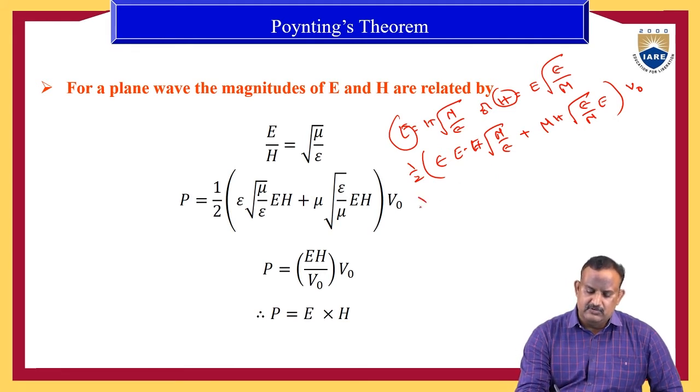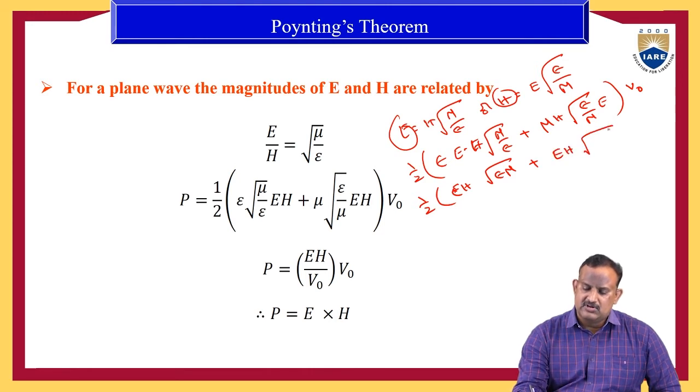If you rearrange the equation, it is EH into root of epsilon mu, plus EH into root of mu epsilon, into v naught.